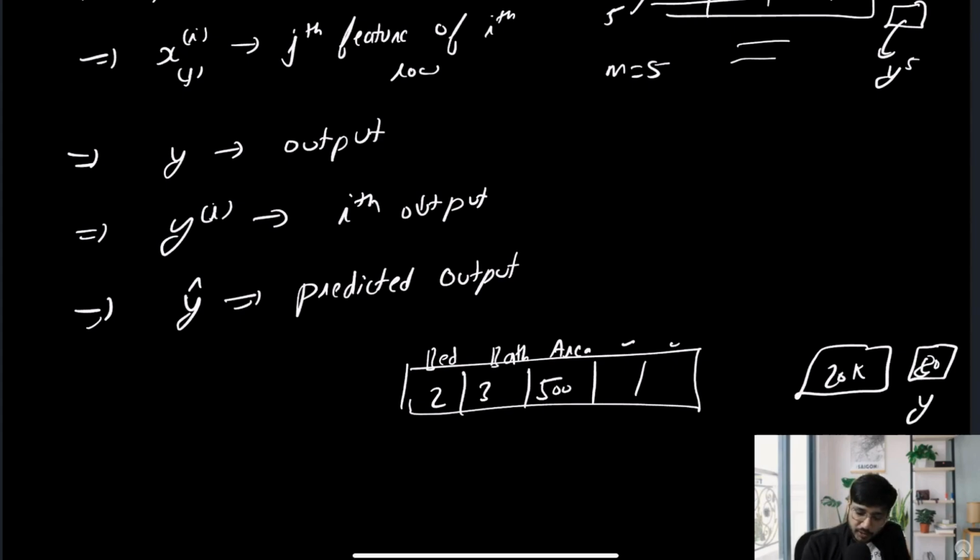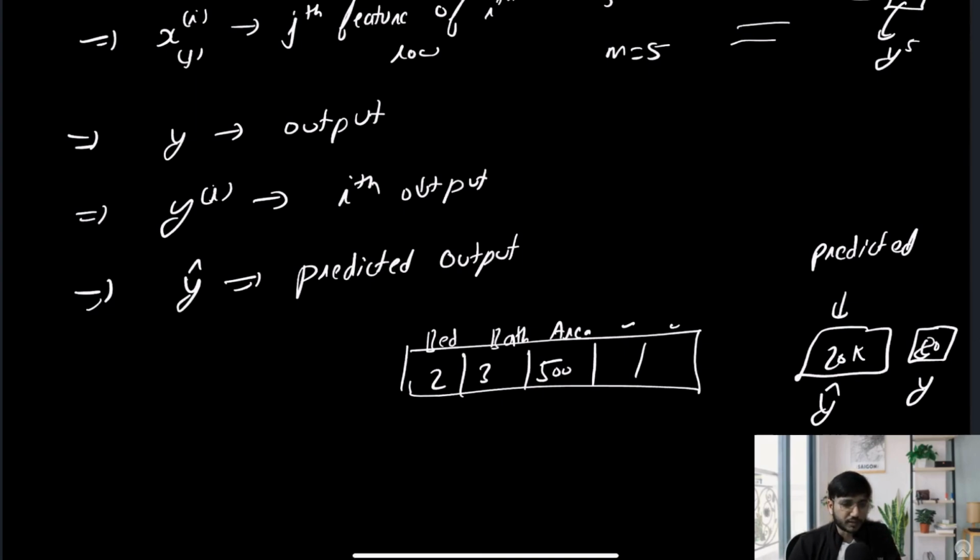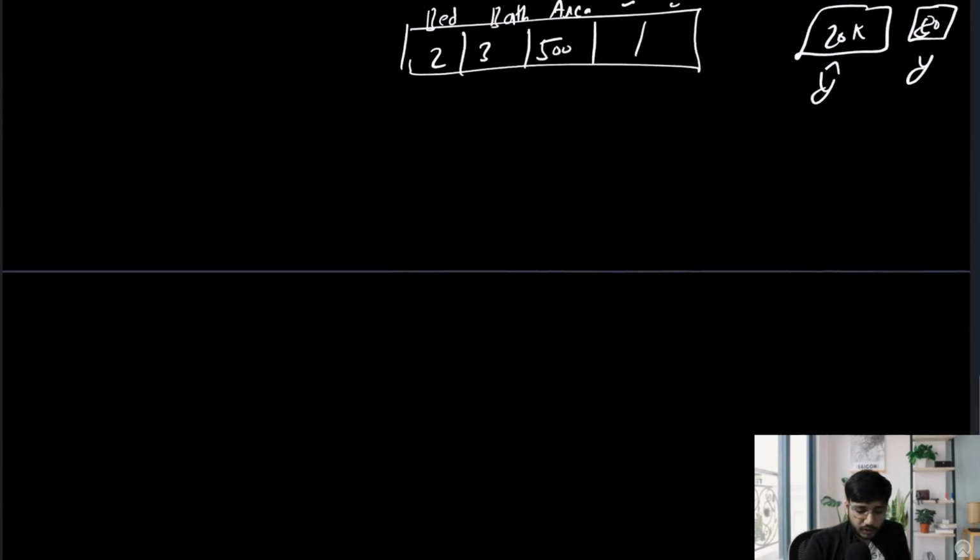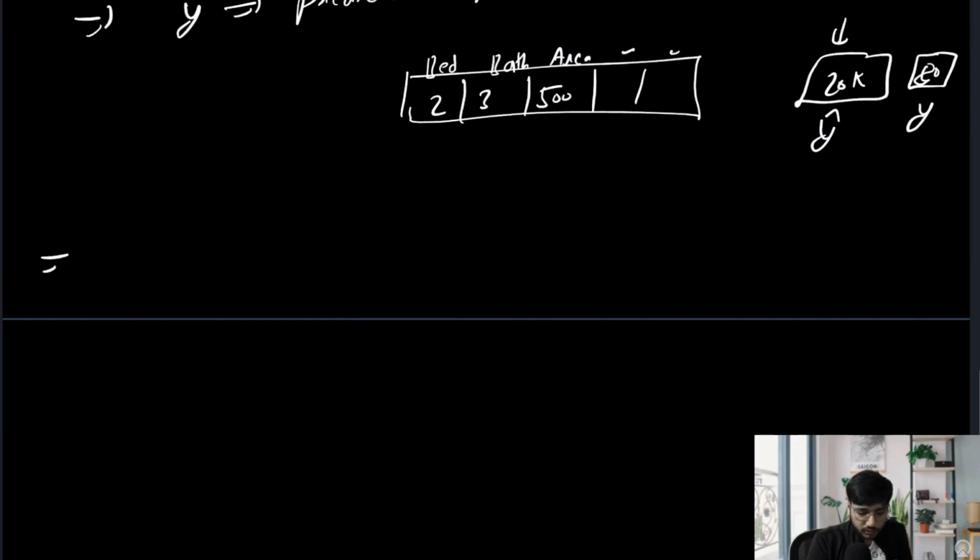Then this actual price is represented by y, and what your model predicted will be represented by y cap. You don't have to memorize all this. As we use it more and more, it will automatically get fit into your head, so don't worry. Now, lastly, we have a cost function.